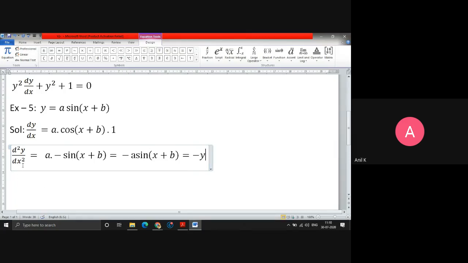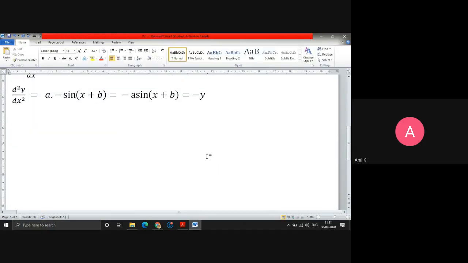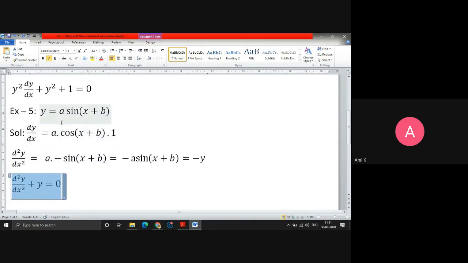You have d square y by dx square equals minus y, and hence the final answer is d square y by dx square plus y equals 0. So this is the corresponding differential equation for the given general solution, y equals a sine (x plus b).